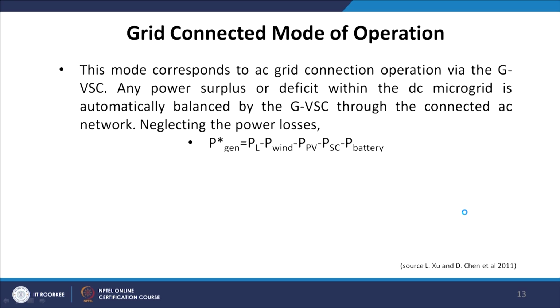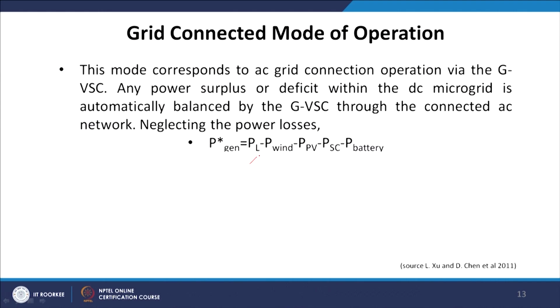The mode corresponding to AC grid connected operation via the GVSC: any power surplus or deficit within the DC microgrid is automatically balanced by the GVSC through the connected AC network, neglecting the power losses.